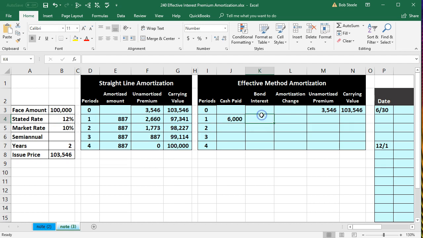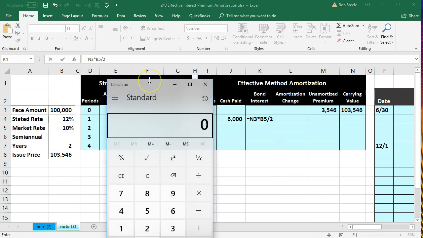And then the bond interest is going to be based on the carrying amount. So that's going to equal the carrying amount multiplied by the market rate, the actual rate. That would be for a year, so we divide it by 2. So again, our calculation is the carrying amount, 103,546, times the market rate, 10%, that's for a year, divided by 2 for 6 months.